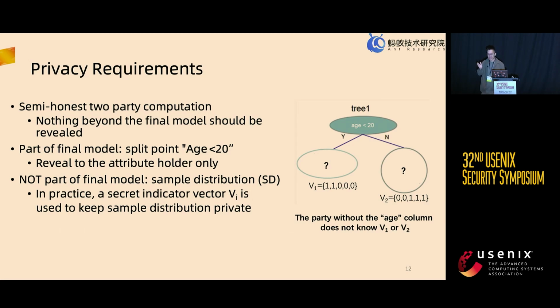Like Alice holds this attribute age, so she can finally see this threshold. But we want to hide the sample distribution, like which sample is partitioned into that node and which is not. This kind of information has to be kept secret in our approach.